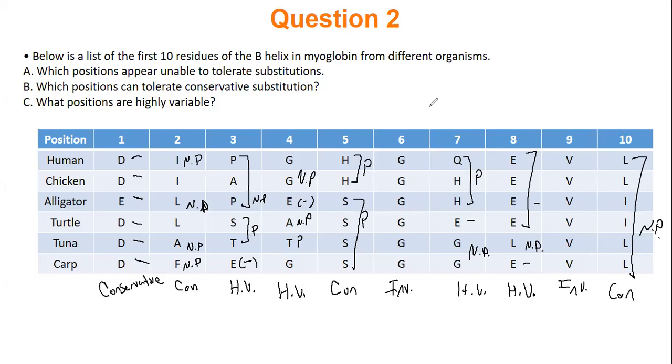So for this class, H is always polar. Histidine's weird because the pKa of histidine is 6. So it's both polar and charged, positively charged. So we'll see moving forward that we can't just say it's always polar. It depends on the protein. So we have to do that case by case.